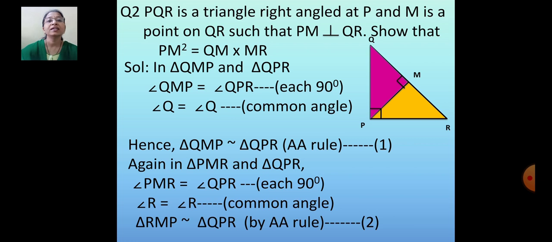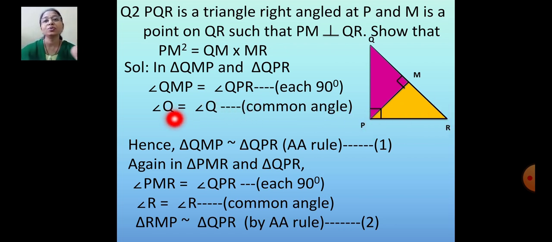This is very much similar to our Pythagoras theorem. In the diagram, the triangle QMP is shown in pink color, and our bigger triangle is QPR. In triangle QMP, angle QMP is equal to angle QPR. Why? Both are 90 degrees. And angle Q is common in both the triangles, the smaller triangle as well as the bigger triangle.